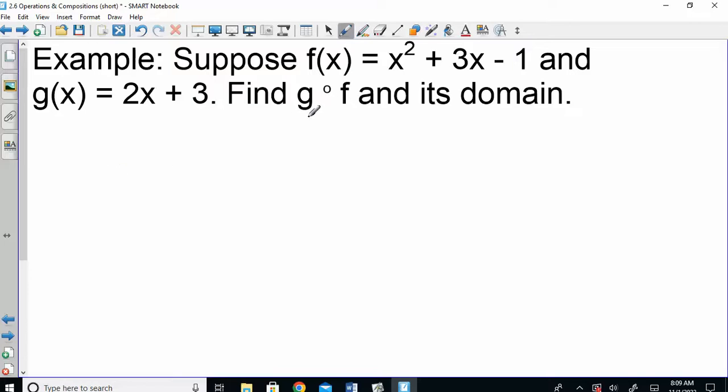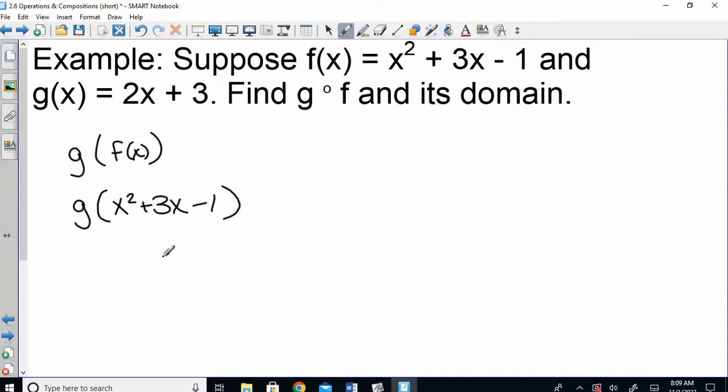All right, we did compositions yesterday, so if I ask you to do g composed with f, that means g of f of x. So where do you start? F. F is x squared plus 3x minus 1. And what do I do with that? Put it into the x on g. Right, I'm going to plug it into g.